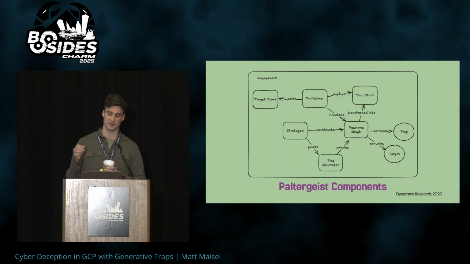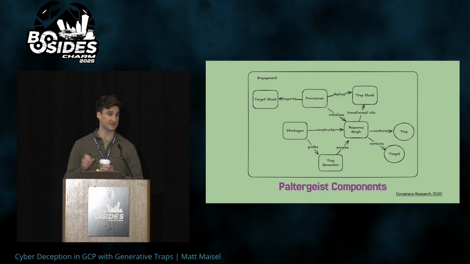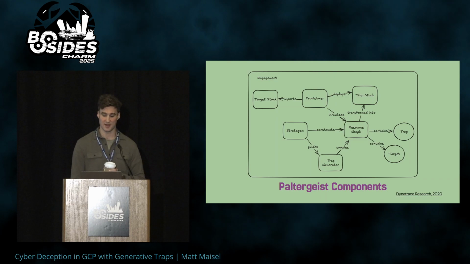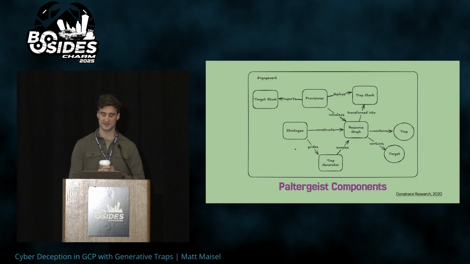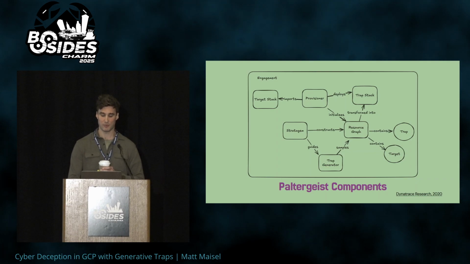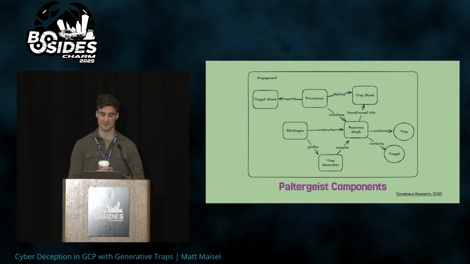Those are set up to create the traps and then add those traps back to the resource graph alongside the other target resources. And then finally, that is deployed by Pulumi back to GCP.